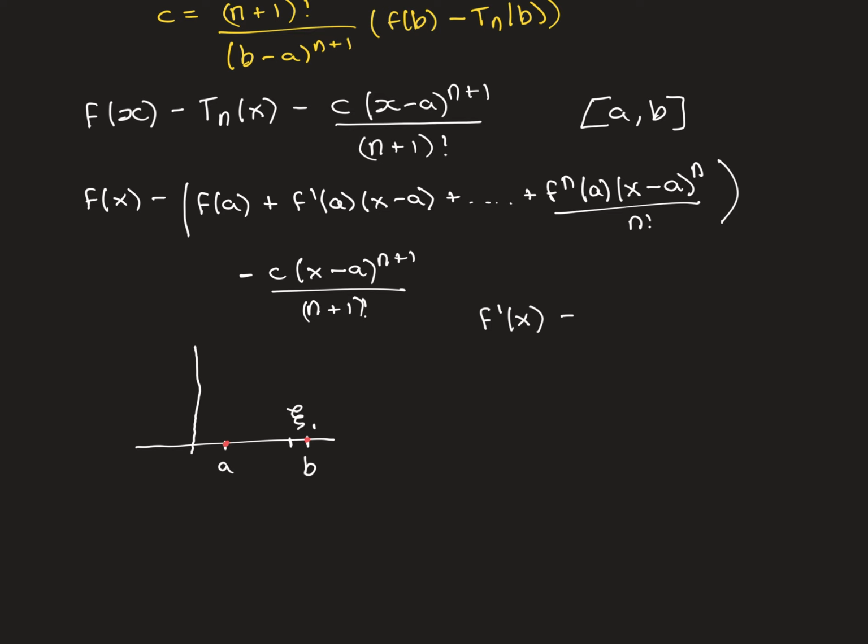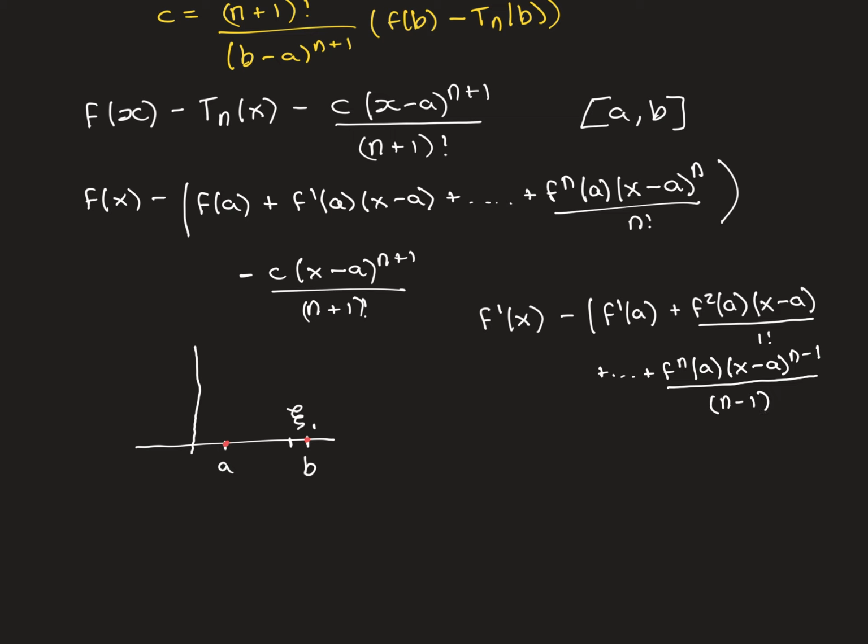So we're going to end up with minus f prime evaluated at a, and then the second term will be the second derivative of f evaluated at a, times x minus a, and now it'll just be over 1 factorial because when we differentiated this squared term, the 2 has come down and cancelled with that 2 there. And then we'll go all the way up to the nth derivative evaluated at a, but now to the power of x minus a to the power of n minus 1, and instead of being over n factorial, it'll be over n minus 1 factorial, like so.